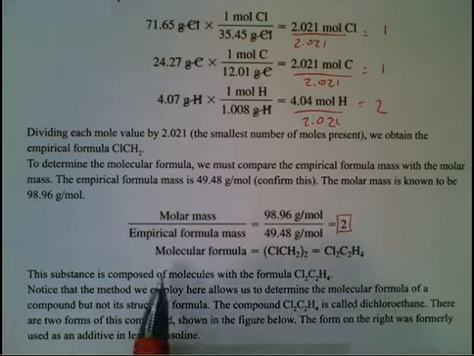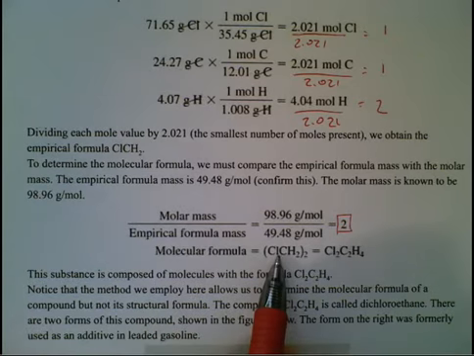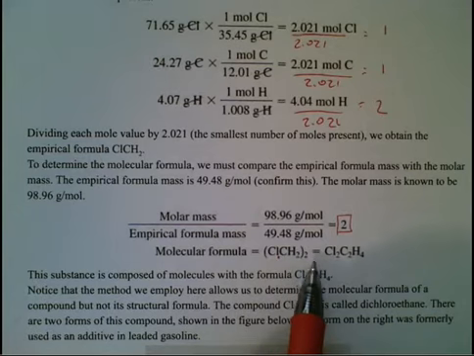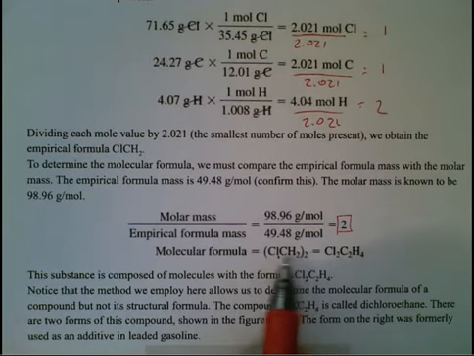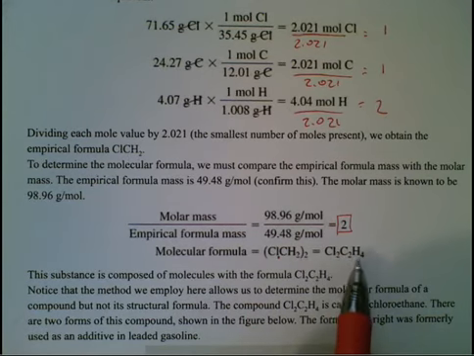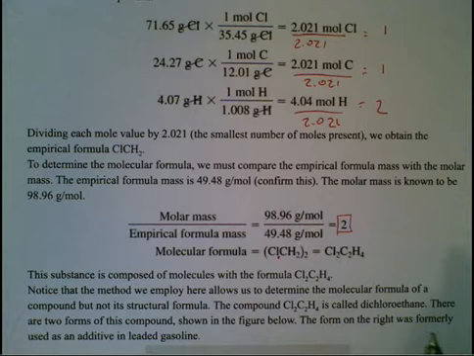And so we take our empirical formula, and in order to find the molecular formula, we multiply every subscript in the empirical formula by 2. So that gives us Cl2C2H4. So this substance is composed of molecules with the formula Cl2C2H4.